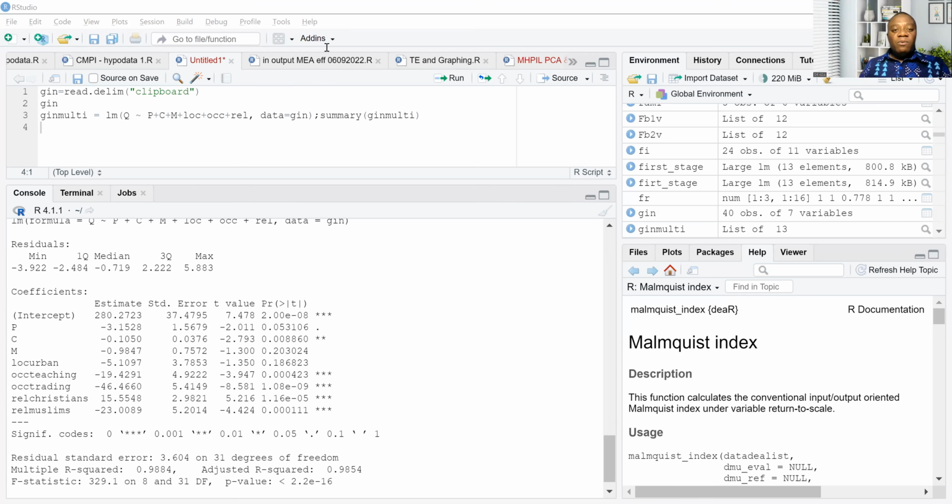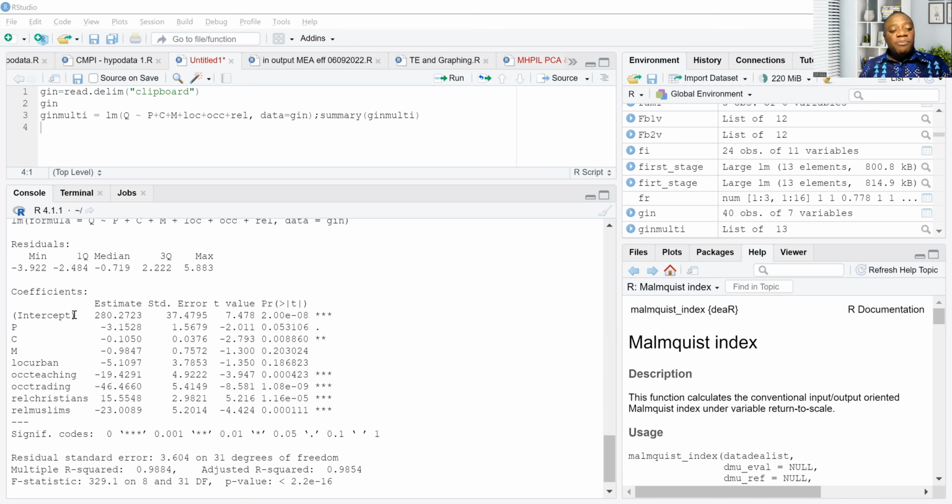Now, how you interpret the dummy variables is different from how you interpret the numerical variables. How you interpret the categorical is different from how you interpret the numerical variables.